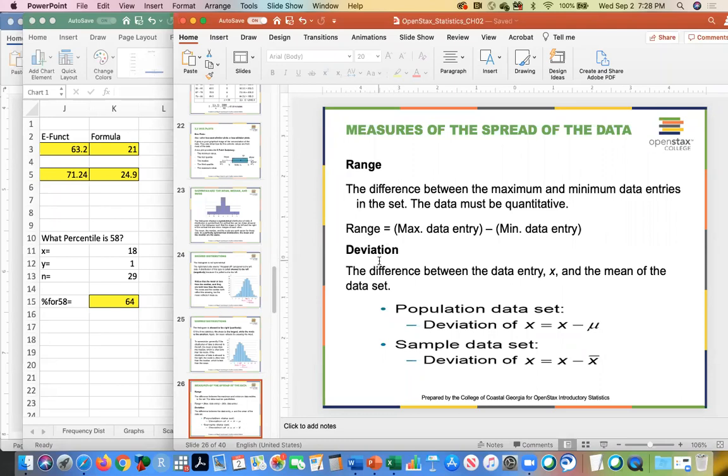The deviation is the difference between the data entry and the mean of the data set. We have deviations for the population, where the deviation is the difference between the observation and the population mean. When we are using samples, the deviation is given by the data entry minus the sample mean.